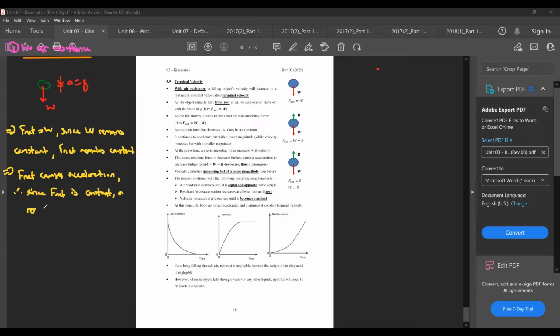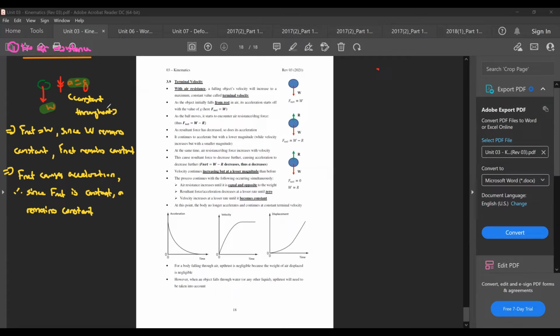A here refers to the acceleration. Based on these two statements, the weight remains constant. The weight itself is your resultant force, which in turn causes your acceleration. So since your weight remains constant, your net force remains constant, therefore your acceleration remains constant. This one, A equals g, is constant throughout.